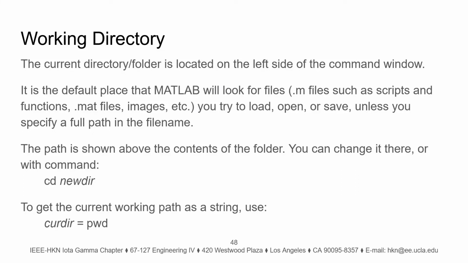It is the default place that MATLAB will look for files, such as .m files like scripts and functions, .mat files, images, etc., that you try to load, open, or save unless you specify a full path and file name. The path is shown above the contents of the folder. You can change it there or with the command cd new directory. To get the current working path as a string, use cur_dir equals pwd.